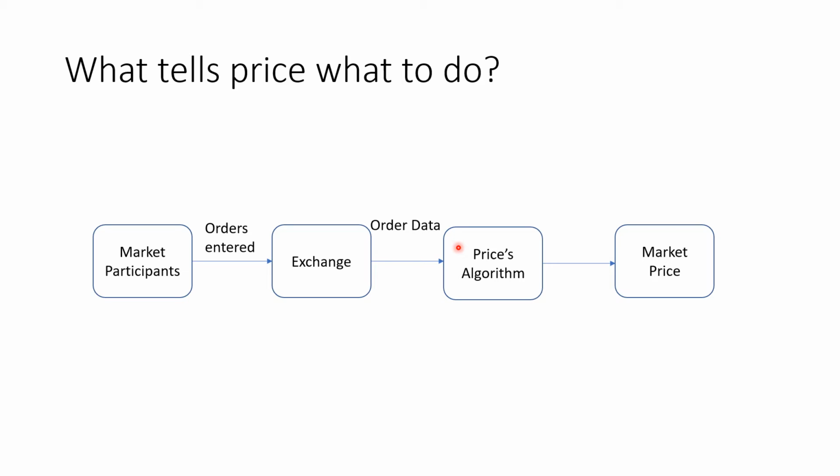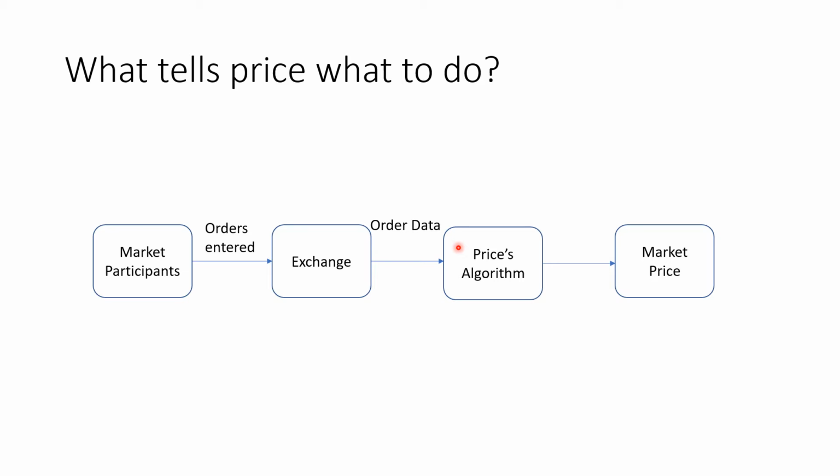What that means is that it's not that price is reacting off every order that comes in, it moves a certain amount, or maybe it does, but the important part to know is that the market, or price, is programmed to move based on what the algorithm tells it to do. And how does the algorithm know what to tell it to do? Well, that's what we'll look at in a little bit.